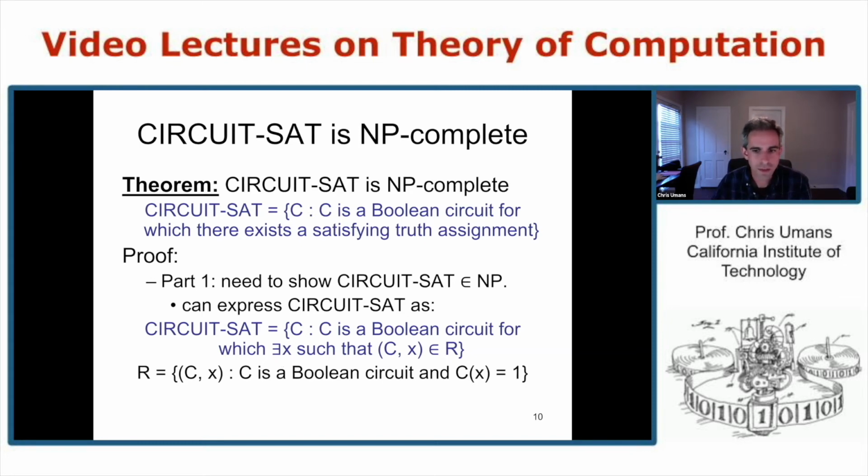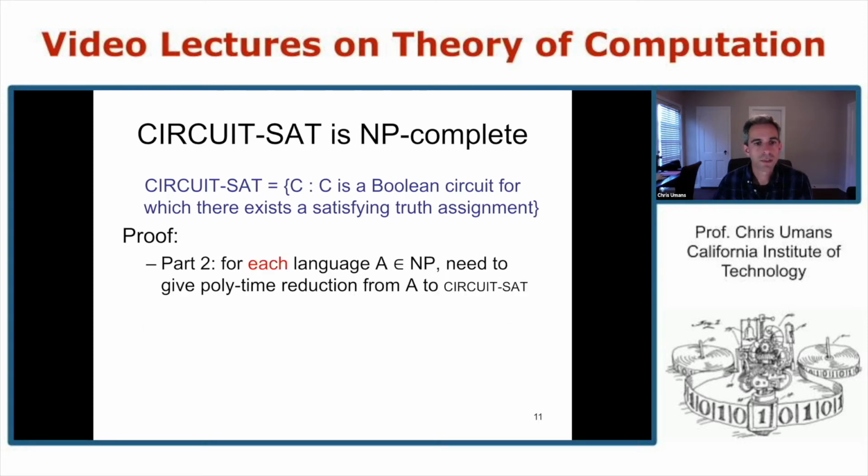Okay, and I think you can see that that is another way of just stating the language circuit SAT, and it fits the format that we said was an alternate way of defining NP. There's the witness. The witness is the string x or the assignment, and it can be checked in polynomial time because you can check, given a circuit and an assignment, whether that circuit on that assignment evaluates to 1. Okay, so it's in NP, and let's now proceed with the reduction.